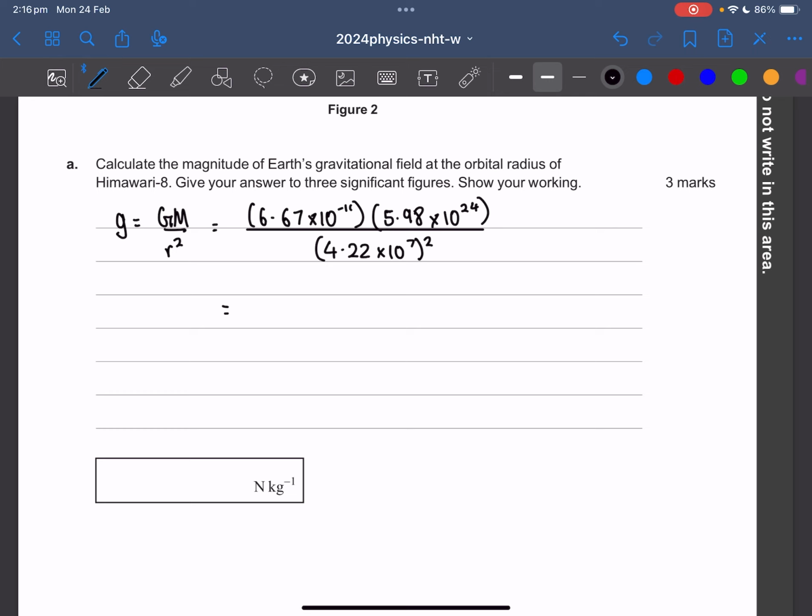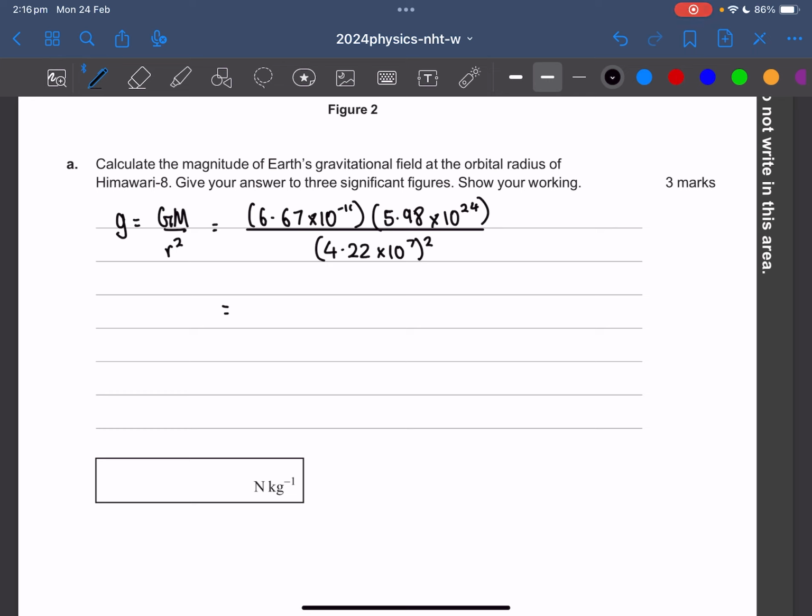Alright, so let's calculate that. 6.67 × 10^-11 times 5.98 × 10^24, and then divided by 4.22 × 10^7 squared.